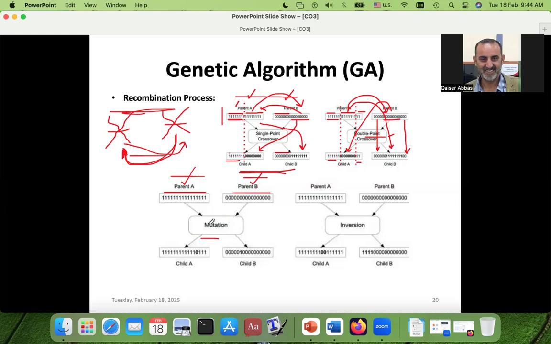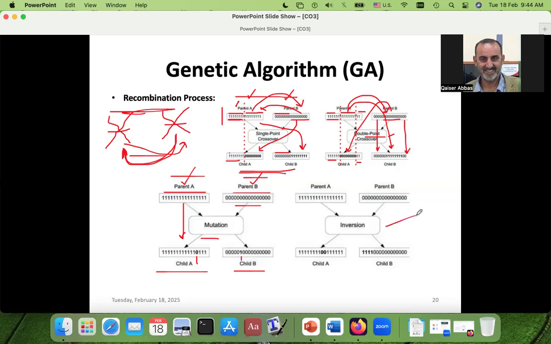If you apply mutation, then you can change only one bit in the string of the parent. For example, here we are changing that 1 into 0, and then you get the new child. Similarly, here from this string, you change this bit to 1 and you get a new child. This is mutation. Mutation is random.